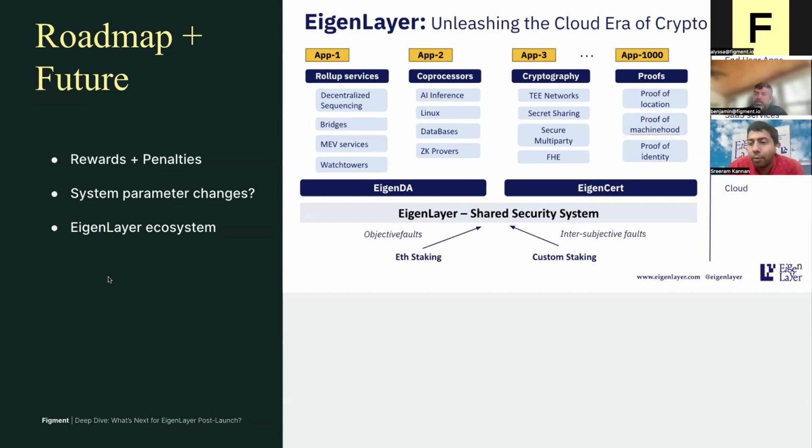This is going to be operator determined. So this thing that I was talking about, attributable security, there are various ways to think about it. One way is you can segregate the security and say, oh, these stakers are staking into that AVS, that staker is staking into that AVS. That kind of attribution is not very good for us.